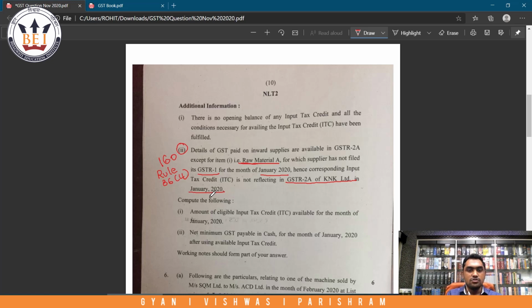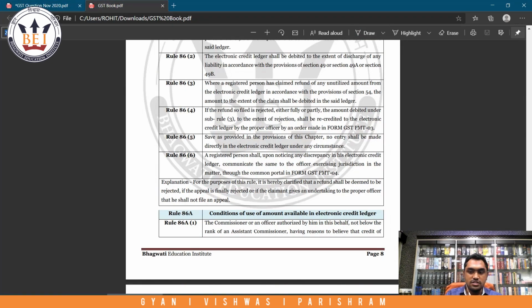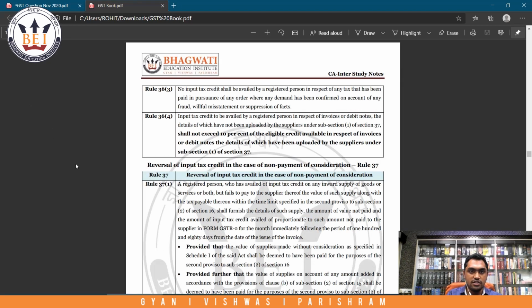So, I hope you will remember the discussion of rule 36.4. If you don't remember, I will show it to you. Page 160 in my book. What does rule 36.4 say? Input tax credit availed by a registered person, the details of which have not been uploaded by the supplier under subsection 1 of section 37.